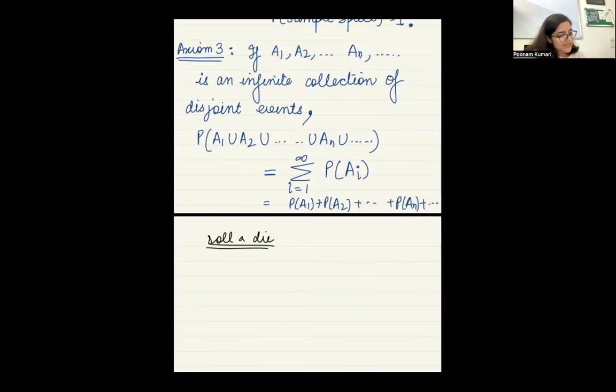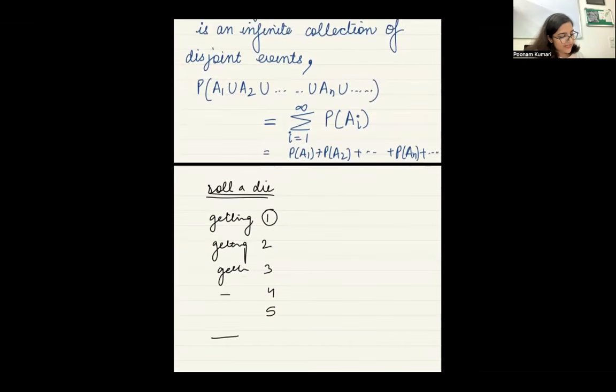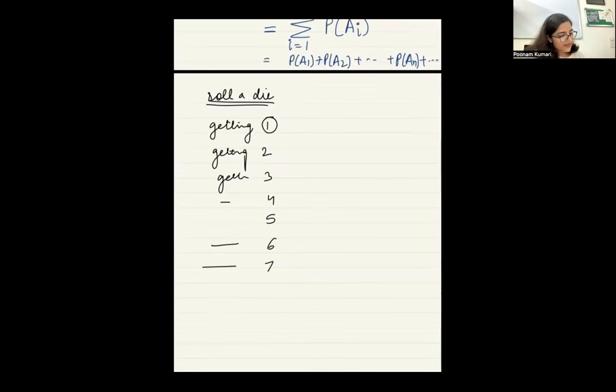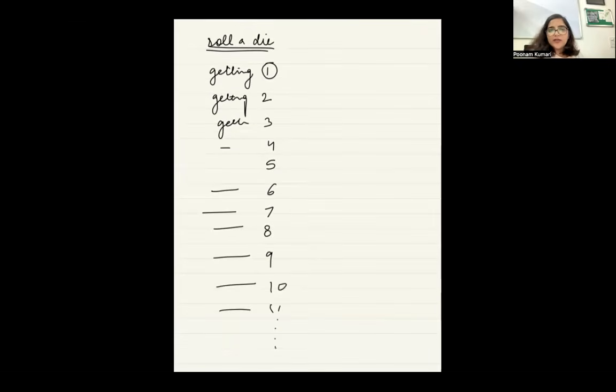See, my first event is getting 1. Second event is getting 2. Third event is getting 3. Fourth event is getting 4. Fifth event is getting 5. Sixth event is getting 6. Seventh event is getting 7. Eighth event is getting 8, 9, 10, 11. And this can keep going on.